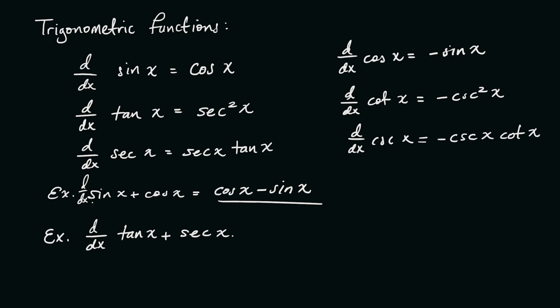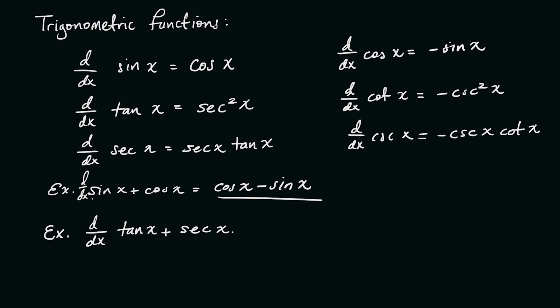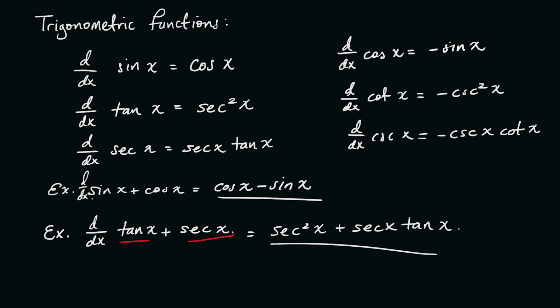Take a moment for yourself, or hopefully you just pause the video and try to figure it out yourself. Since they're both separate terms, we can just take the derivative of each. The derivative of tangent x is just secant squared x, and then the derivative of secant x is just secant x times tangent x. And that is your answer right there.